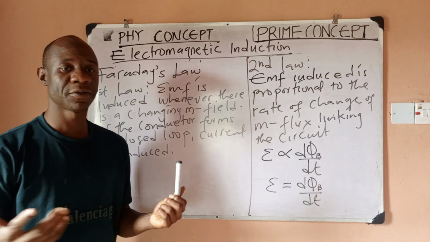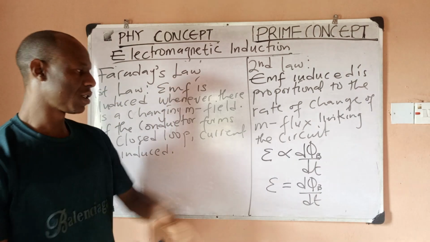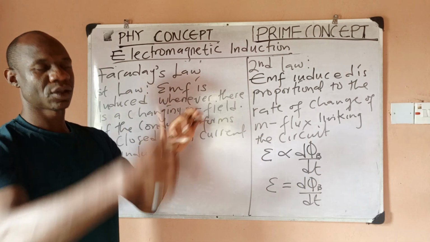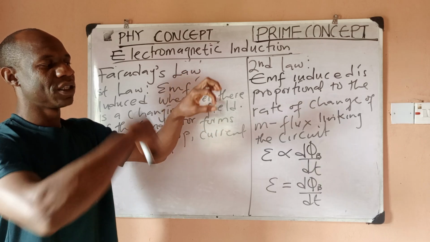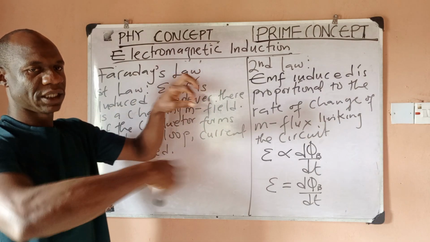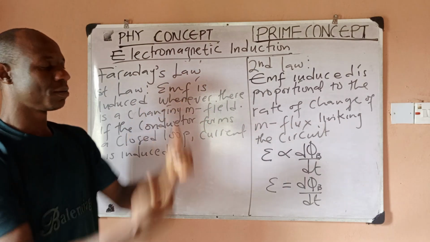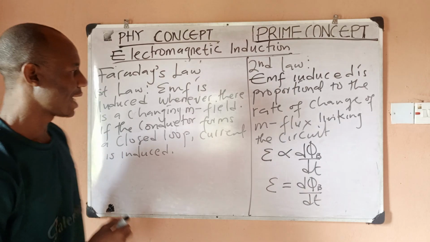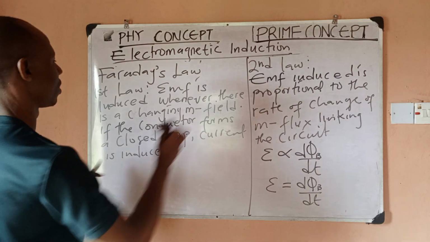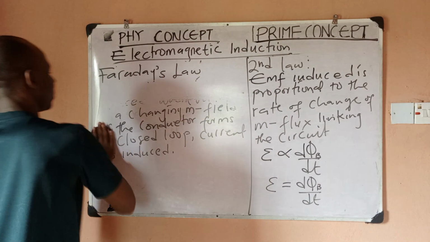Now, this is a case where we have just one turn of conductor. If you have so many turns, you wind your wire so many times, 1, 2, 3, it means you have so many turns. In that case, we're going to introduce the number of turns to that equation.